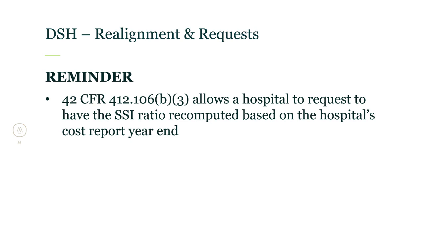As background, SSI ratios are developed on a September 30th year end, but realignment allows hospitals to develop that SSI ratio based upon their cost reporting year, and this could be financially advantageous to hospitals. Just within the last year, CMS and the MACs have been implementing SSI ratio realignments. They had been on hold for a long time, so now that's back in play.